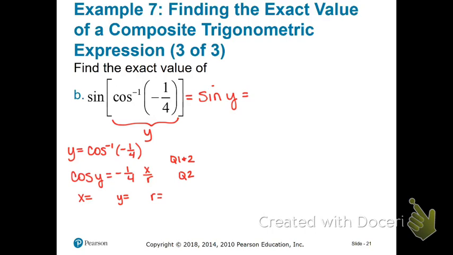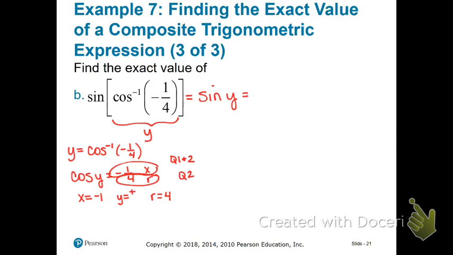All right, so always start out with r when you're doing this, because r is always positive, right? So r is 4, so what is x? Negative 1, and we got to find y. But we're in quadrant 1 and 2, or more particularly, we said we're in quadrant 2, so what is y in those quadrants?